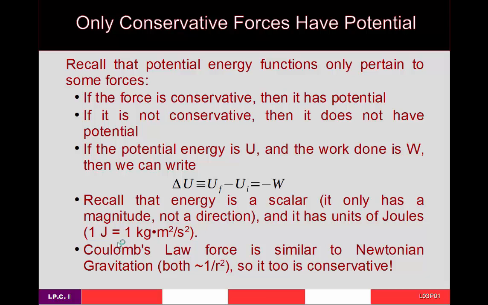And as with all types of energy, work, potential energy, kinetic energy, mechanical energy, whatever, they have units of joules. Since work is force times distance, it's got to be units of force, which is newtons, times distance, which is meters, and that breaks down to kilogram meters squared per second squared.